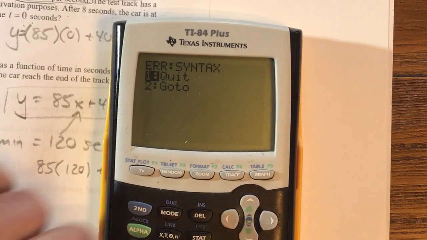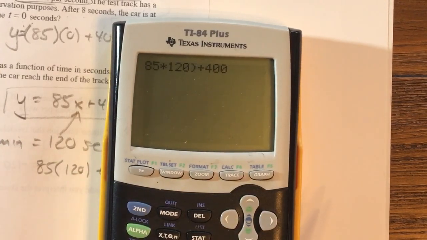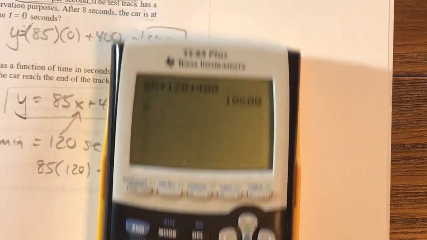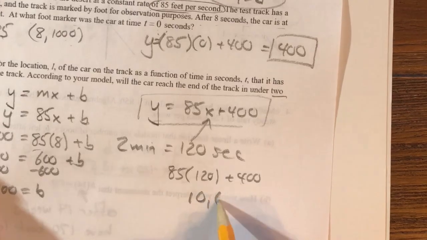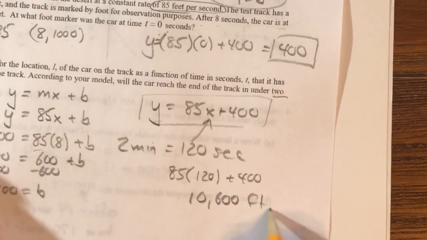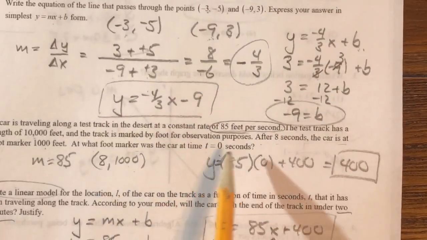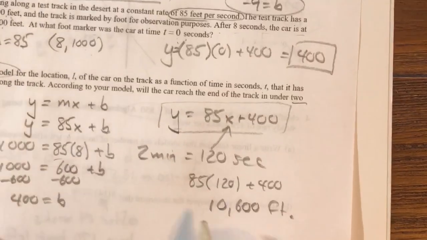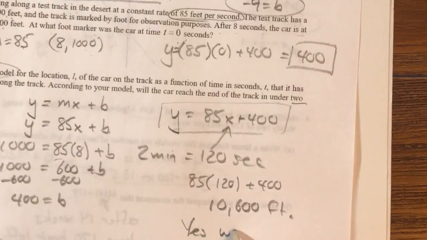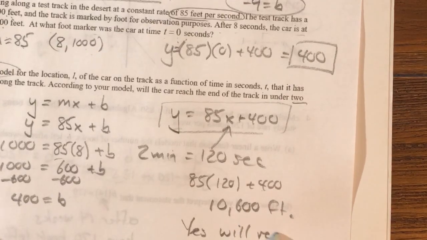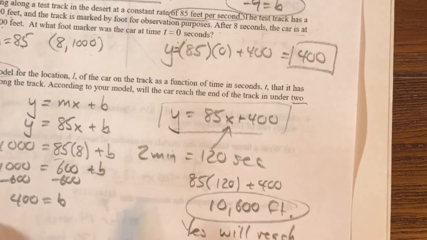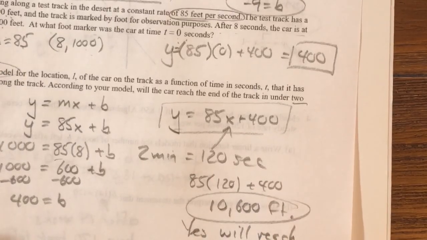Ah, syntax. What did I do wrong? No parentheses there. I'm getting 10,600 feet. Now you've got to go back to the beginning. How long is this track? It is 10,000 feet. So will I reach the end? Yes, it will reach the end, because this is 10,600 and the track is 10,000 feet.